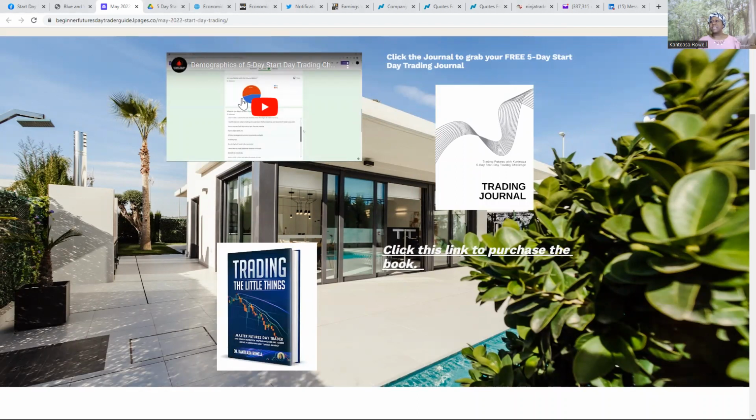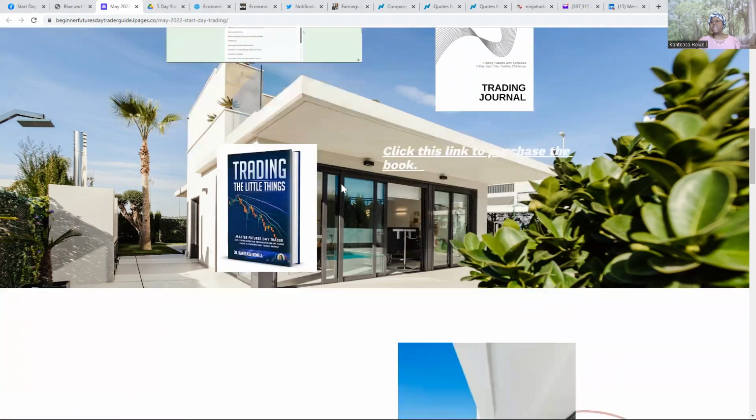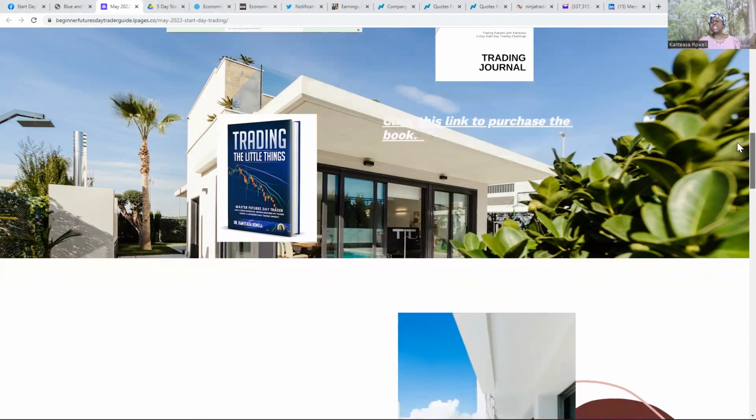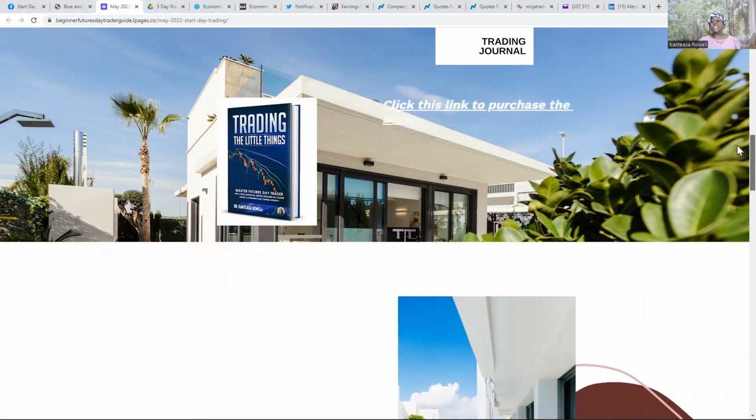It explains the percentage of people who have experienced day trading versus the percentage of people who have absolutely no experience day trading, and it's broken down into categories. There you will also find a trading journal which you can use to take notes throughout the week. And I also have my book there that you can purchase. It will give you insights on the specific topics of day trading. It will also jog your memory and place into your mind some thoughts or questions that you may want to ask for the duration of the challenge.